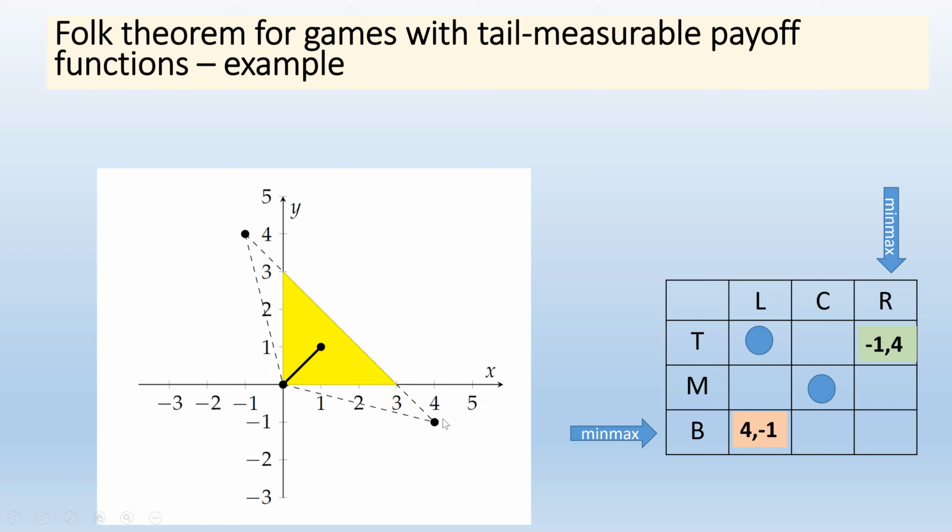They can randomize over different payoffs, so we can consider the convex hull of payoffs. But if we consider the convex hull of feasible payoffs, that's the dashed line here, and see which part of it is above the min-max level, that's the yellow triangle here.